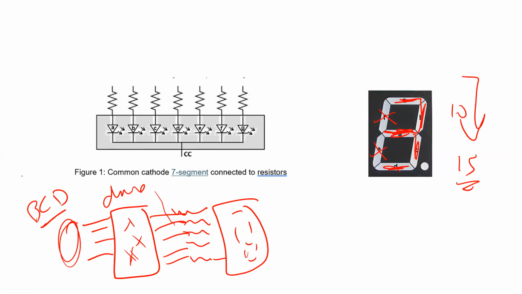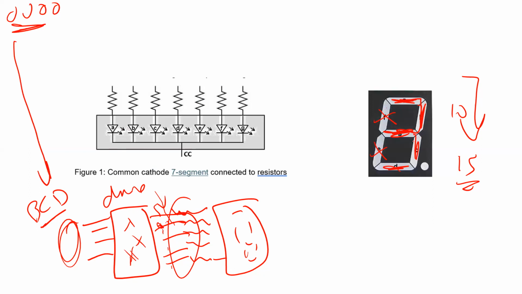If you input 0000, there is a decoder, or a logic circuit, inside this chip. This is the input of the logic circuit. The output of this logic circuit is going to turn some LEDs on. It's going to put 5 volt, or logic 1, and 0 volt, or logic 0, on some outputs so that you can see number 0.